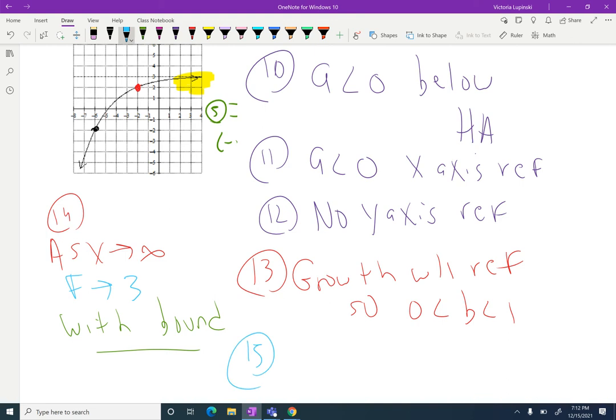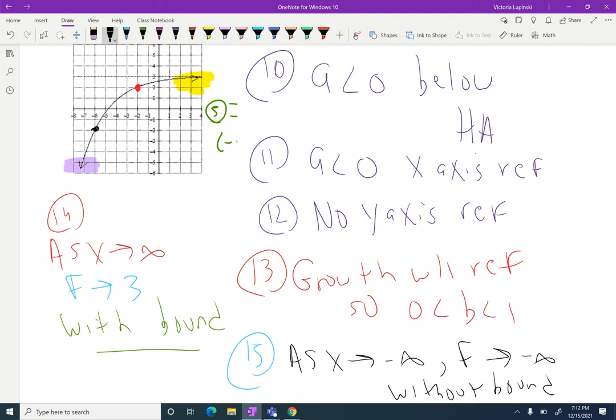If I want to talk about the left-hand behavior, I'm talking about what's happening as x goes to negative infinity. As x goes to negative infinity, f is also going to negative infinity, and that would be classified as without bound because it's going down, down, down.